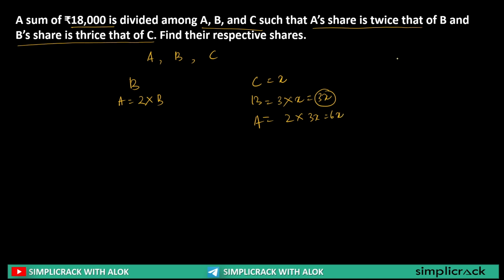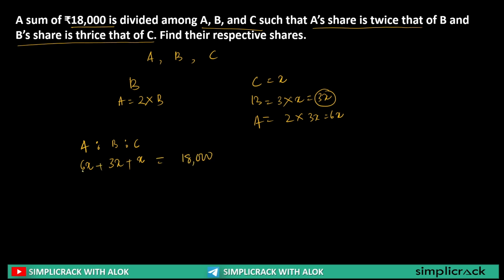So if I have to find the ratio, I can write it like this. C is getting x, B will get 3x, because B's share is thrice that of C, and A will get twice of B, that is 6x. Now this is equal to 18,000.